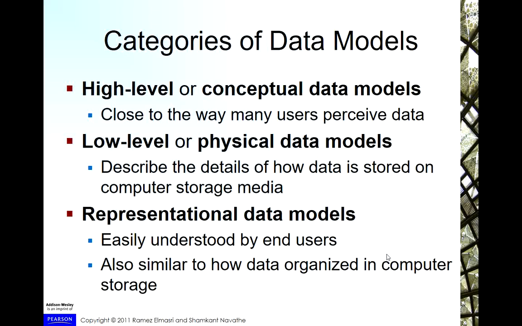But the low level is the physical data model, which describes the detailed information on how this data is saved in the computer storage media or in the database. So I would say that high level is conceptual, while low level is physical.